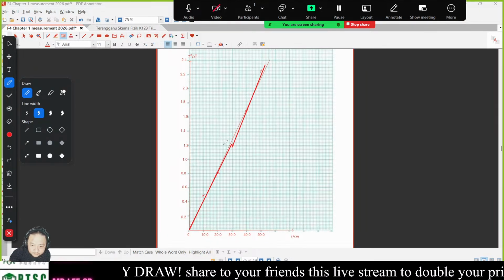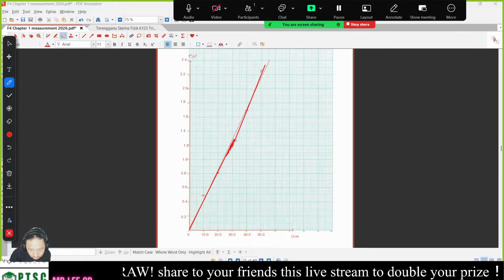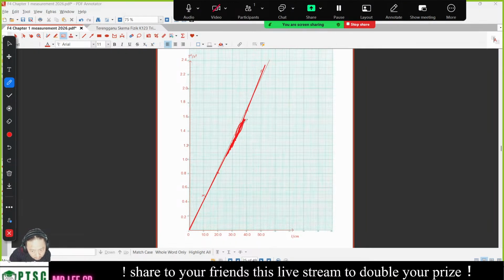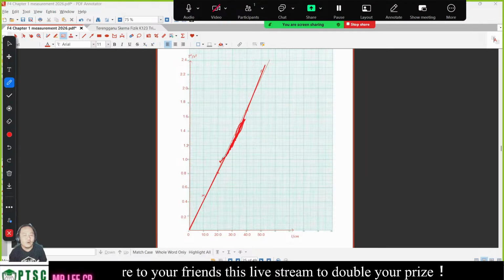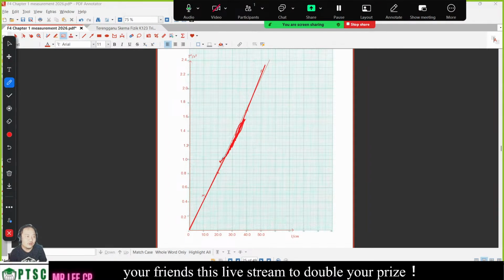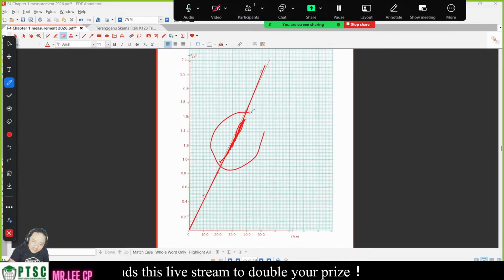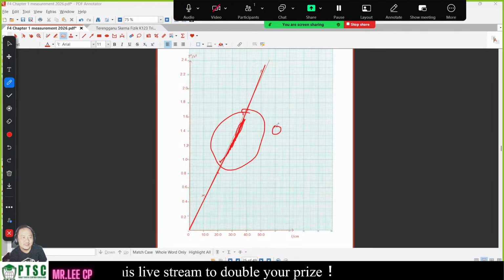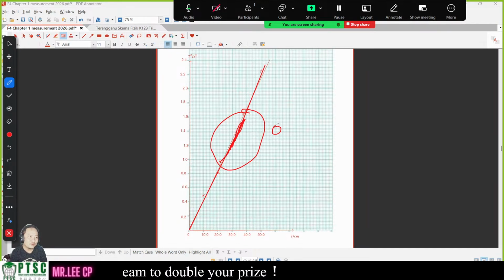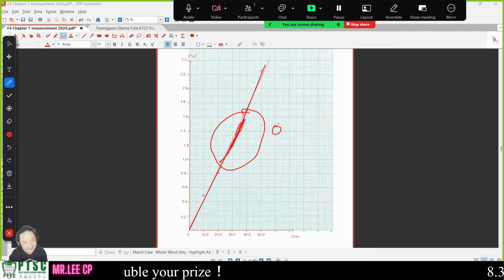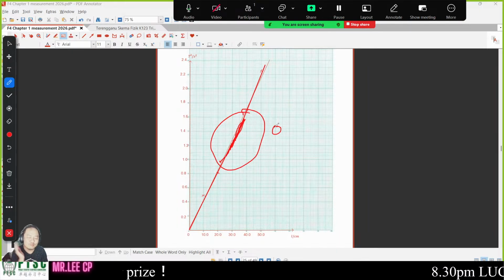Why, cikgu, my ruler is not long enough. If you give me this way, I straight away give you 0. The question here is short of 1 tick. If you do it this way, sorry lah, no way for you to get any mark here. You get what I mean? Right? So it has to be licin. No such thing as my ruler tidak cukup panjang or whatever. No excuses.